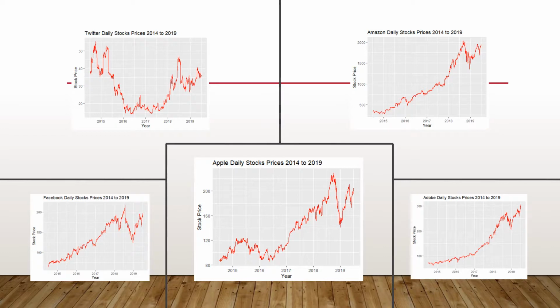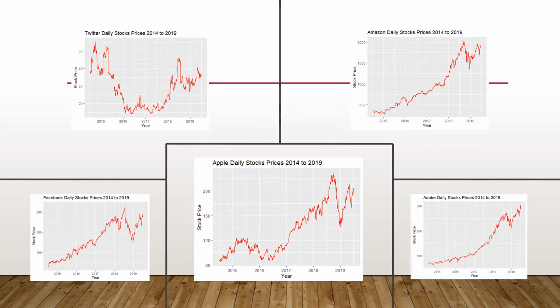Similarly for Facebook, it keeps on rising and then it had a decline for half a year and then again it is rising. In the case of Apple it is something different. Here you can see a rise, then a fall, and then a rise, and then a sudden fall in 2019 and a rise. For Adobe, it is a rise and again a fall for the 2019 beginning and then a rise.